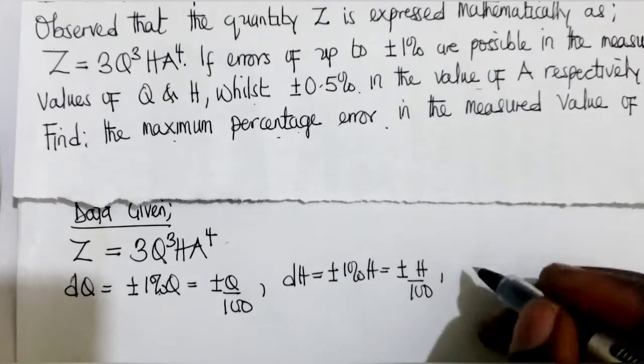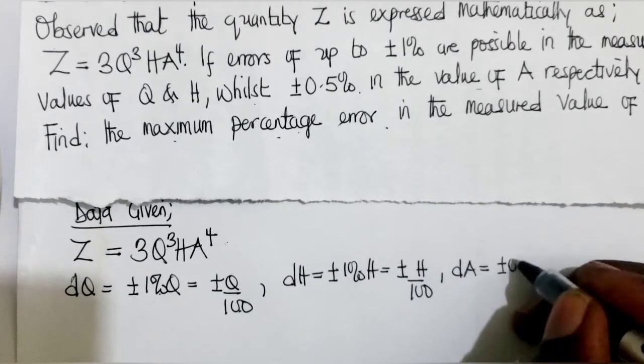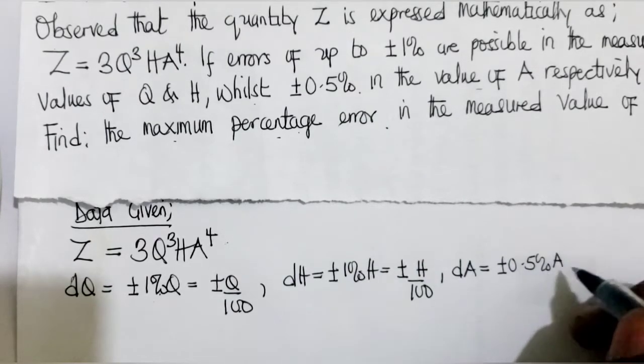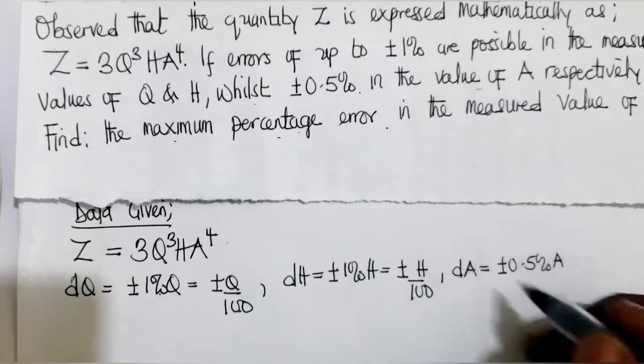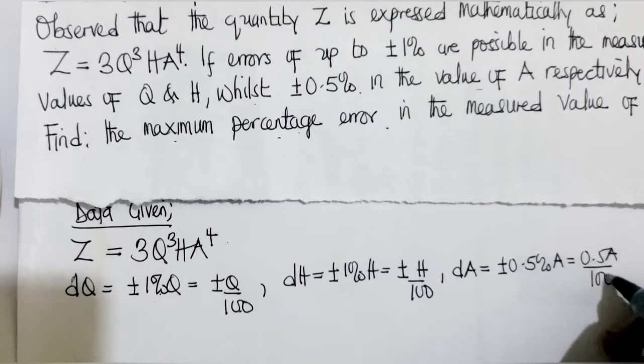And the last is the error that occurs in A, and that's plus or minus 0.5% in A, and that's going to be equal to plus or minus 0.5A all over 100.